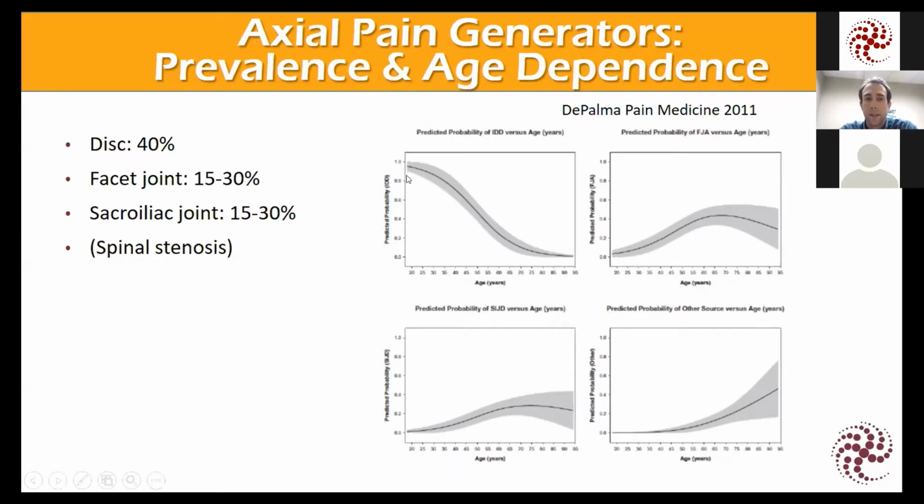You can see disc pain is much more prevalent in younger individuals, and as you get older, the likelihood of having chronic discogenic pain decreases, whereas facet joint arthritis pain increases as you get older and is very rare in young individuals. Same thing with sacroiliac joint pain. And then over here, these are the other sources of pain that do increase as you get older, and those other sources could be spinal stenosis, or pain from cancer or fractures, or osteoporotic fractures from osteoporosis.